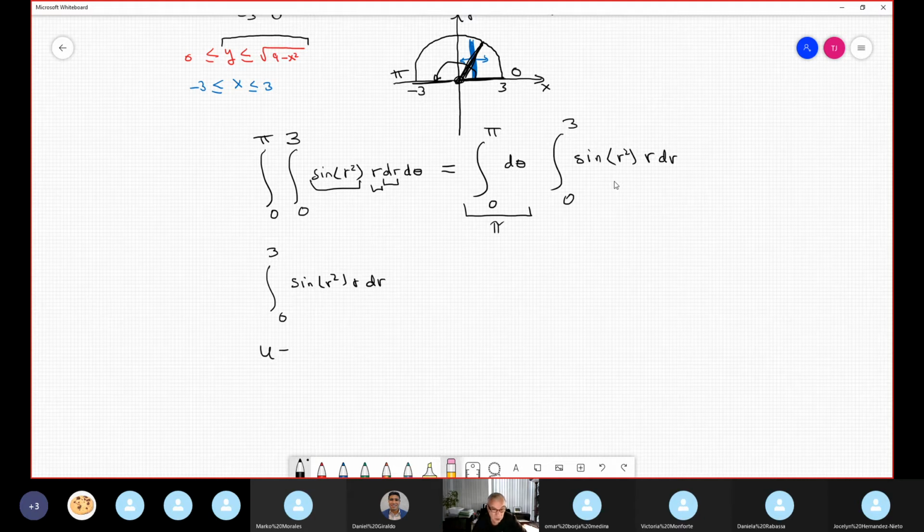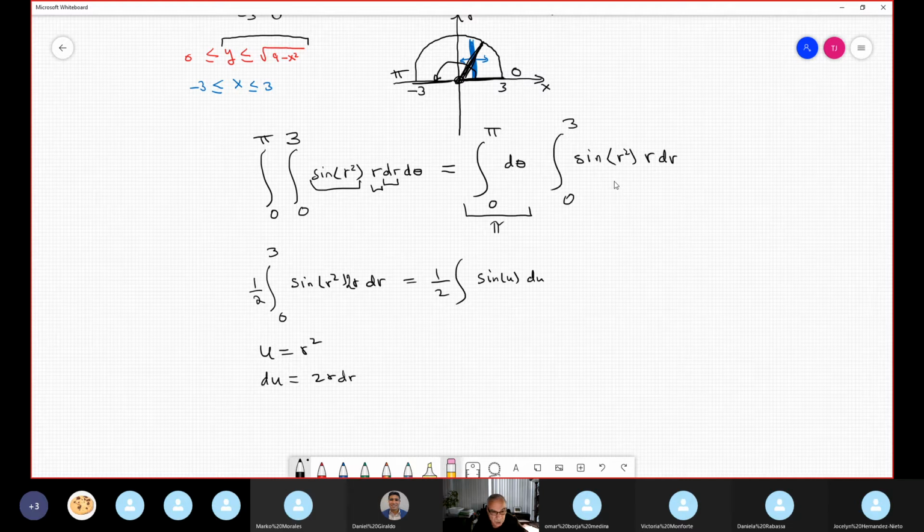Well, again, u equals r squared. du is equal to r dr. To complete the differential, we need the 2 here. One extra 2 here, so in order not to affect it, I divide by 2. So I have 1/2 integral of sine u du.